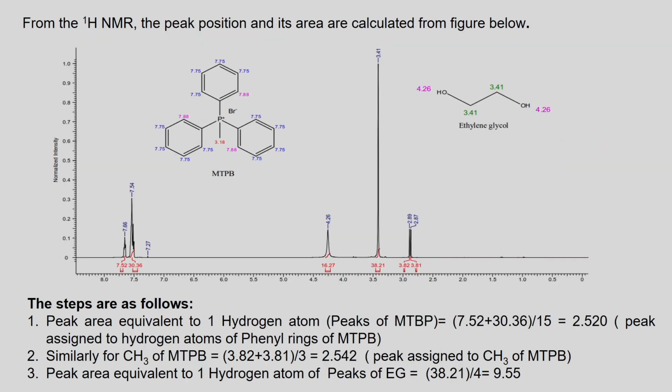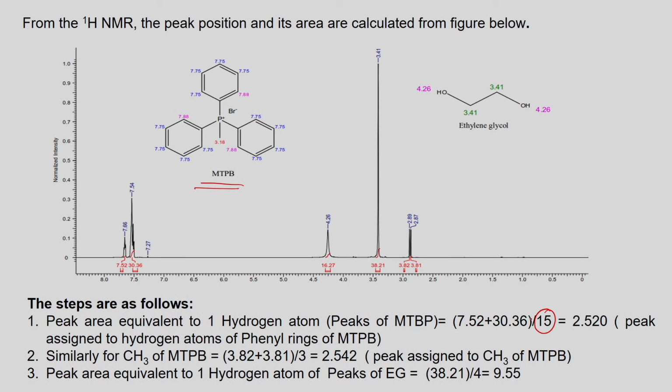Now, this is what the structure looks like, this is that salt. You count how many molecules are there. In this particular compound, MTPB, how many equivalent protons are there? The equivalent protons in the case of MTPB are close to 15.